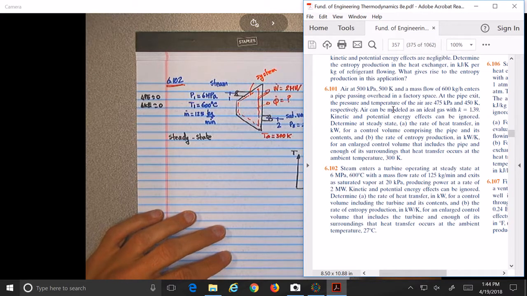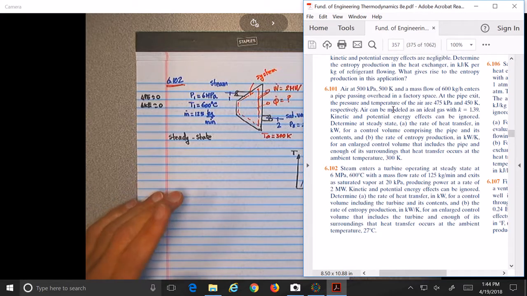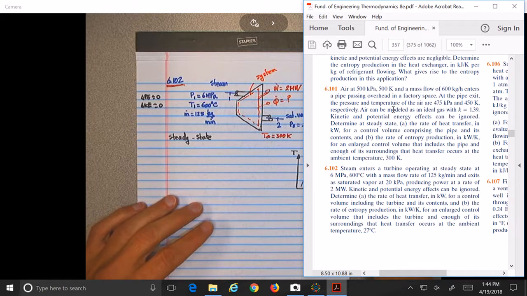Okay, so over here might not be needed, but just in case, you know, I like figures, so I like to do a lot of figures. So basically, what is the first state of the substance? They tell us it's steam. So what does that mean? Superheated. And we know the pressure is, oops, this is 1. P1 equals 6 megapascals.